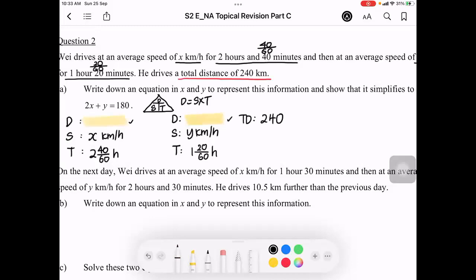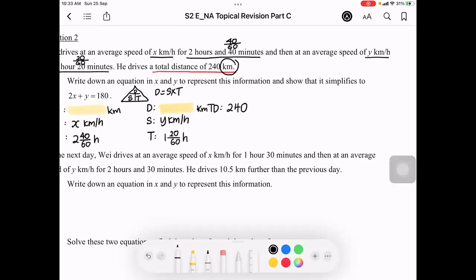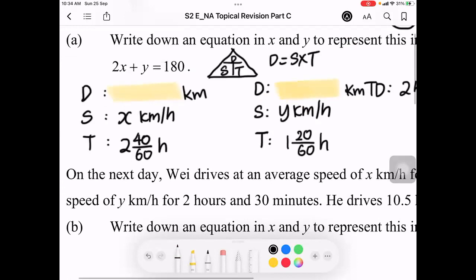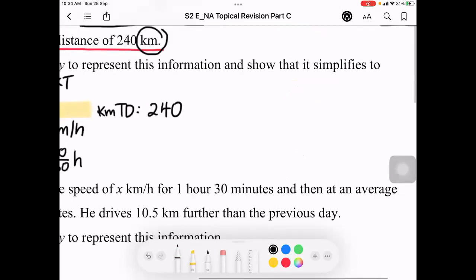Okay, and this unit is in kilometers, so I make sure both must be in kilometers. So how do I find distance? Distance equals speed times time. So I take my first speed, which is x, times the time, 2 and 40 over 60.